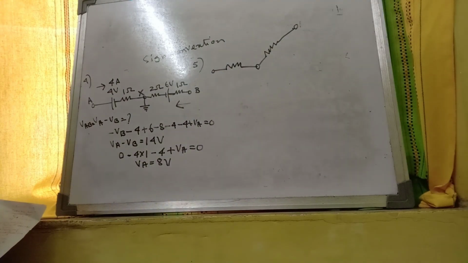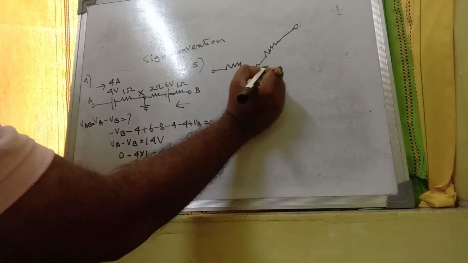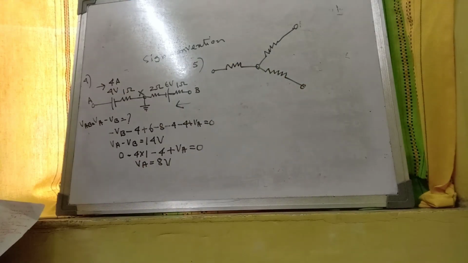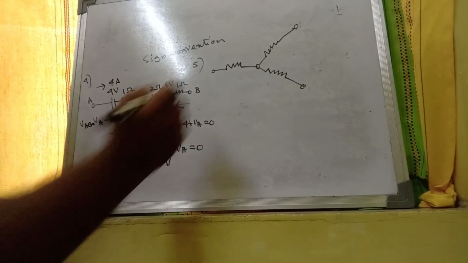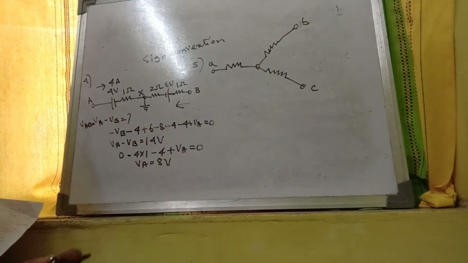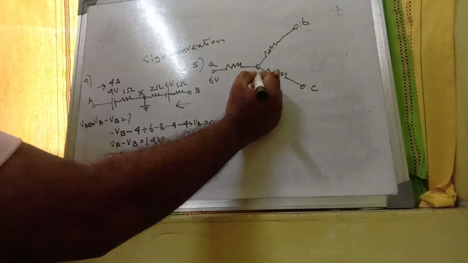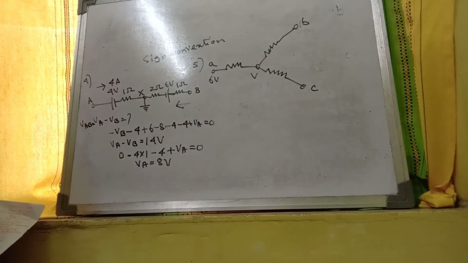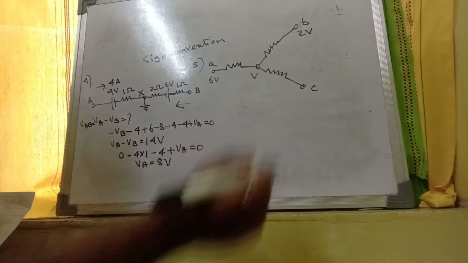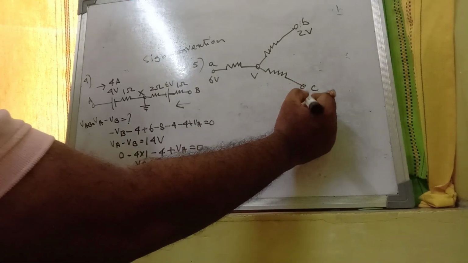Now A, this is B and this is C. It's 6 volt over here at point A, and I take V over here. So I have calculated this V, the potential at this point. Then 2 volt over here and 1 volt over here.